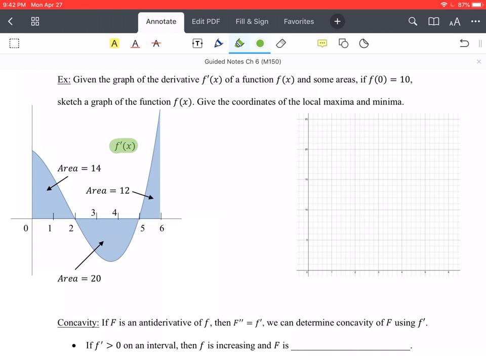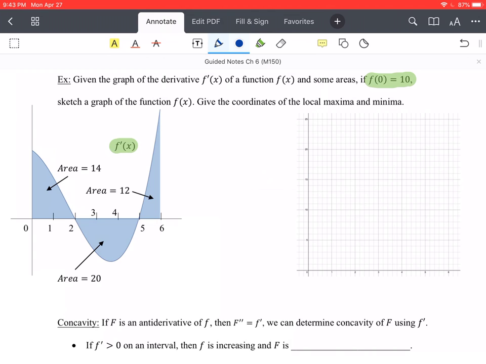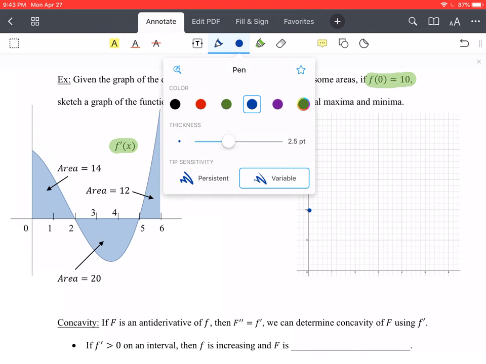So what we need to do is set up a way to figure out some of these points. One thing we can just do right off the bat here, we know f of 0 equals 10. So there's one point that I can plot just right now. So on our graph here, f of 0 equals 10, right there. So that's one point down.